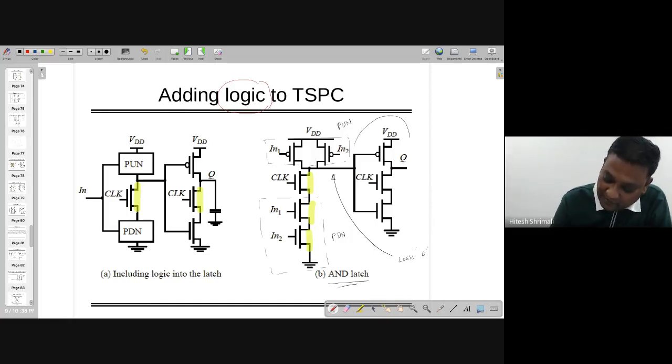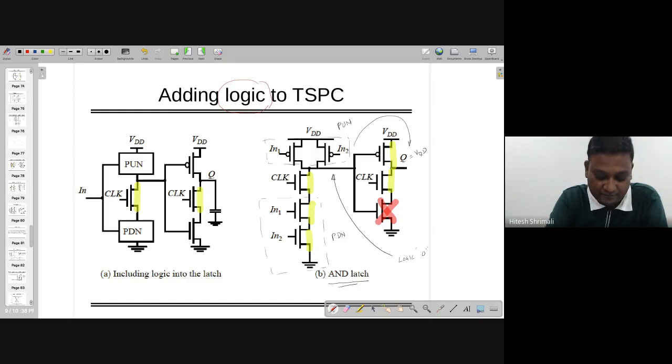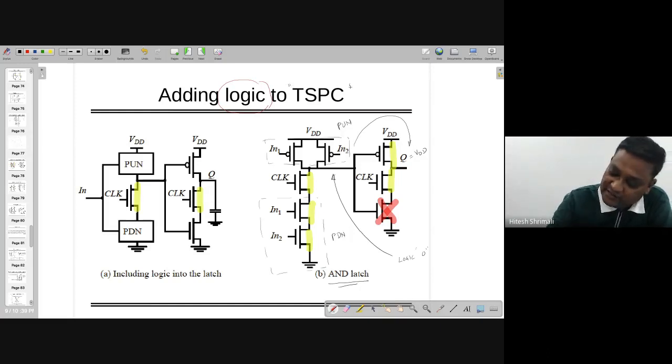And after this, as this is 0, this transistor make connection. This clock is already on, whereas this one is not going to make any connection. So Q is going to be equal to VDD, right? So this is what we are doing here. In the case of TSPC, we can add any kind of logic as well.